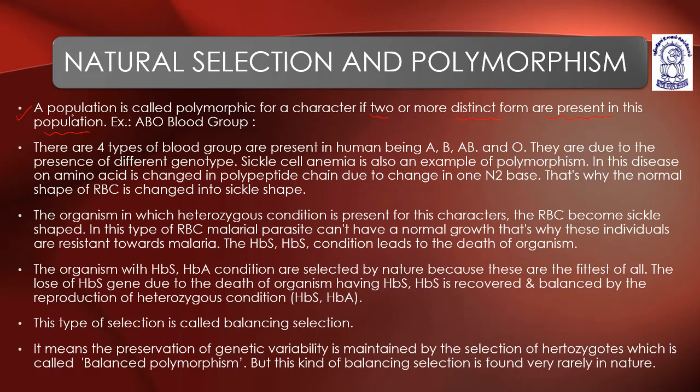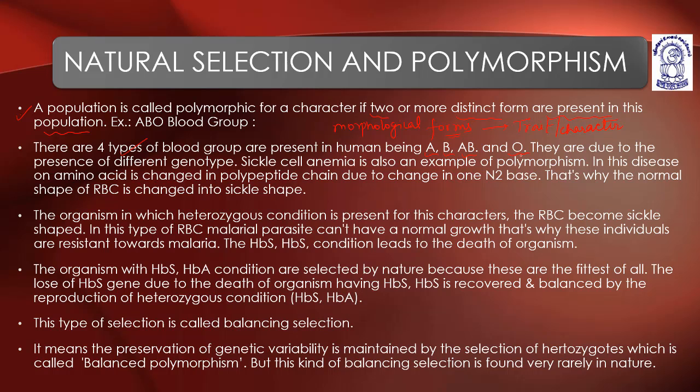If a particular population is exhibiting two or more types of morphological forms of the same trait or same character, like for example, blood group. There are four types of blood group present in human beings: A, B, AB, and O.